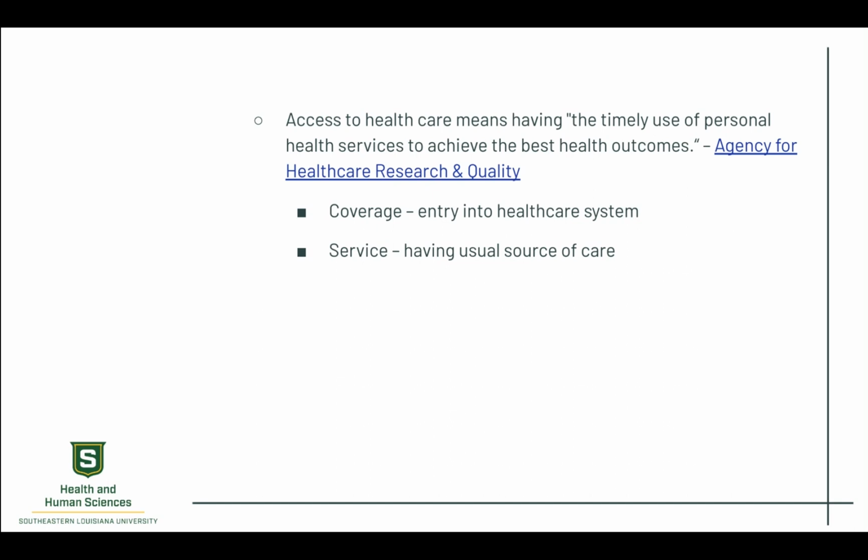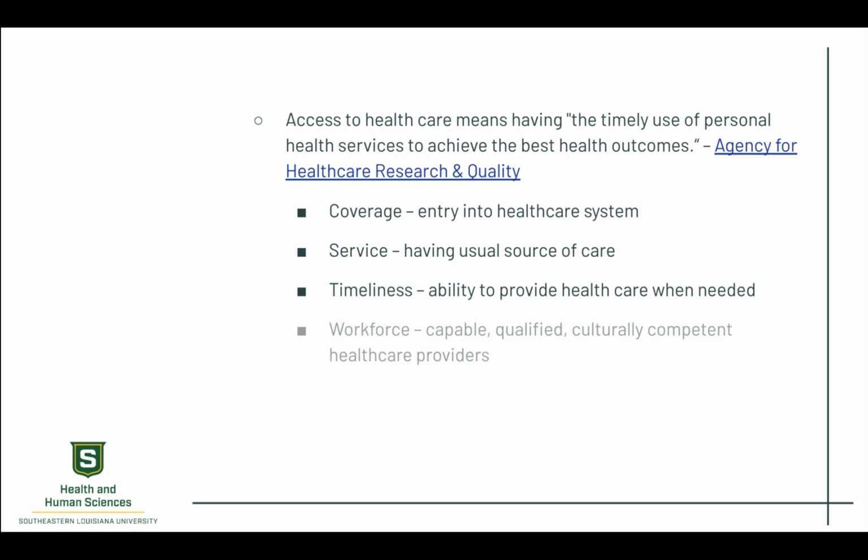And then on the service end, we are looking at having a usual source of care. Usual source of care is something like having a primary care doctor, someone that you always go to, and someone who knows you and knows your medical history. That is very key when it comes to healthcare access. And lastly, being able to receive care timely, when you need it, and not having to wait too long for services to be provided.